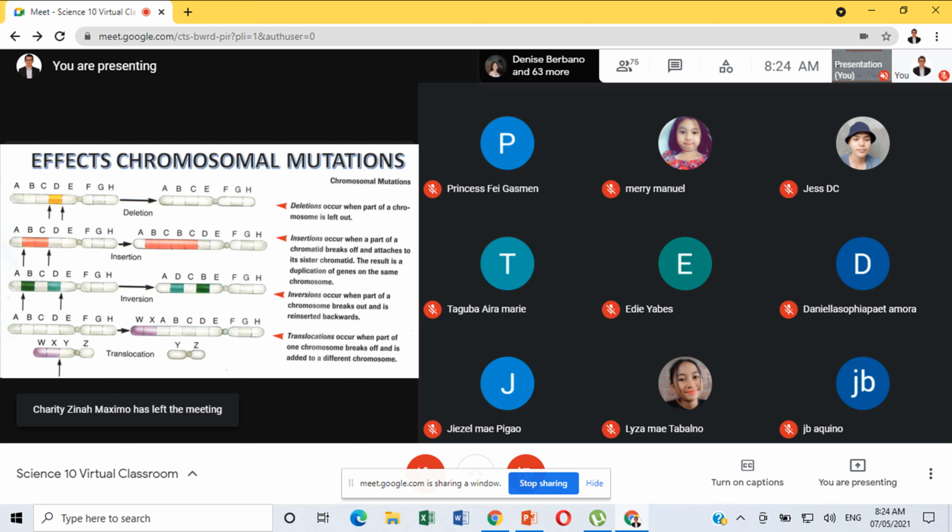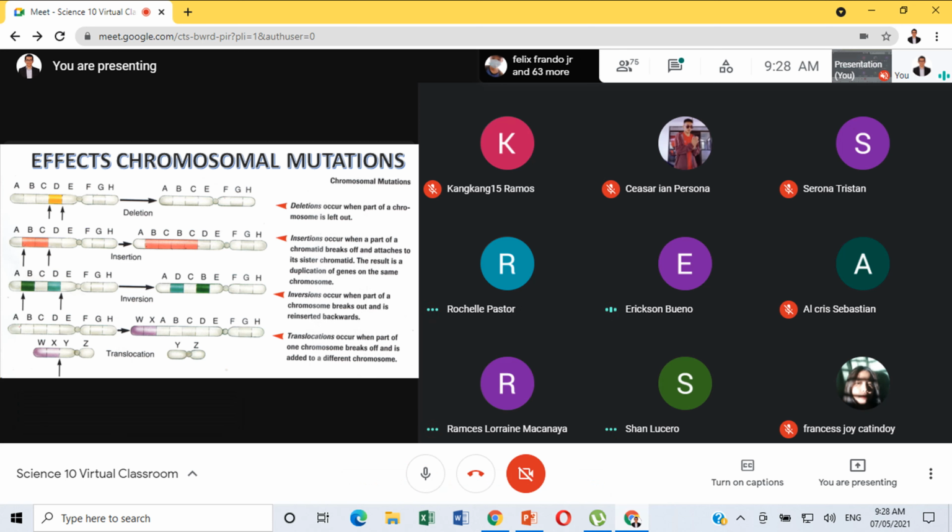Gametes that should have a complete set of genes may end up with extra copies of some genes or a complete lack of certain genes. So, few chromosome mutations are passed on to the next generation because the zygote usually dies. In cases where the zygote develops, the mature organism is often sterile and thus incapable of producing offspring.